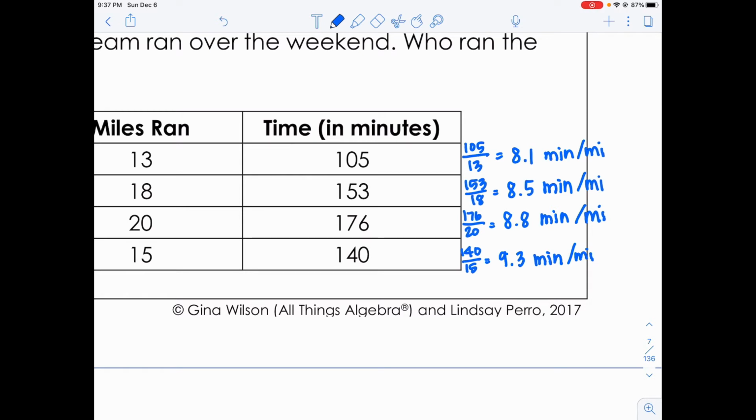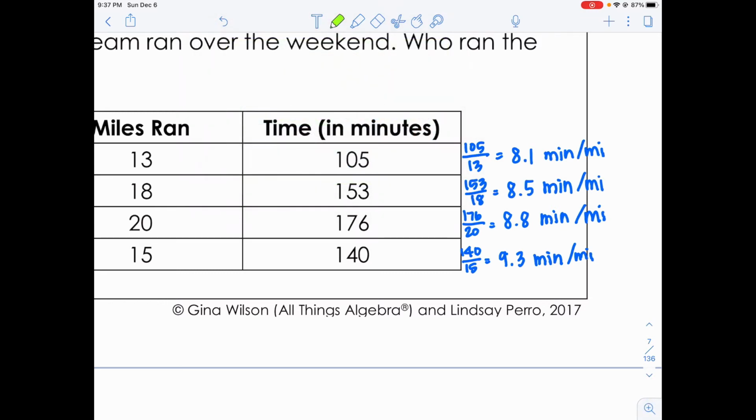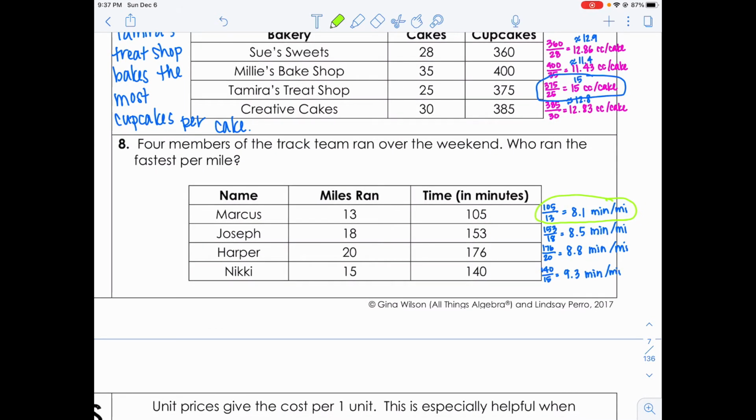And again, when we're talking about who ran the fastest, we are looking for the lowest time. So going through looking at the lowest time, it would appear to me that Marcus has the lowest time. So then I would write something like Marcus ran the fastest per mile.